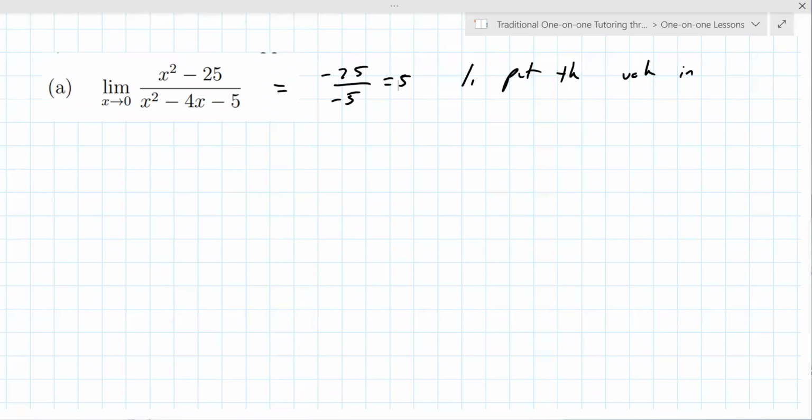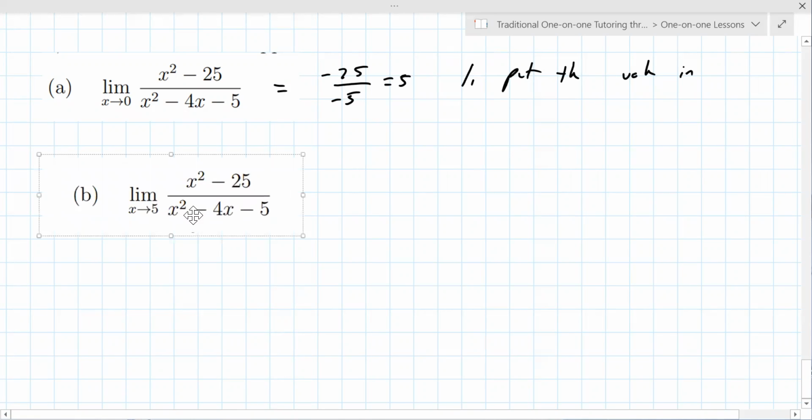And you think, wow, this is really easy, right? But it's not. So then you get to the next problem, and when you put 5 in this time, you get 0 over 0. You hopefully learn this at some point. This is indeterminate form.